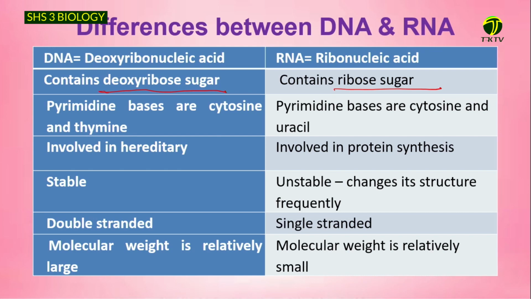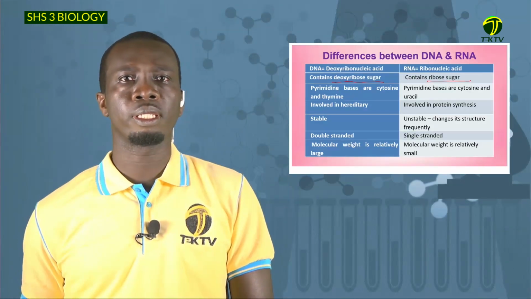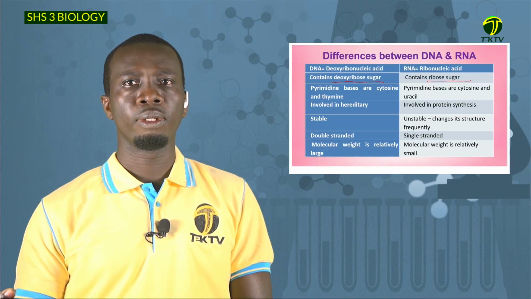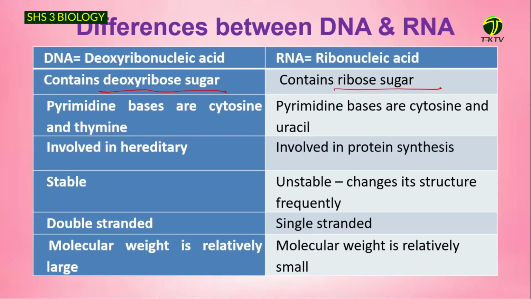So the second difference is that DNA consists of pyrimidine bases, which are cytosine and thymine. And then RNA consists of pyrimidine bases, which are made up of cytosine and uracil. So it means that the two bases here, we can see cytosine also found in DNA.